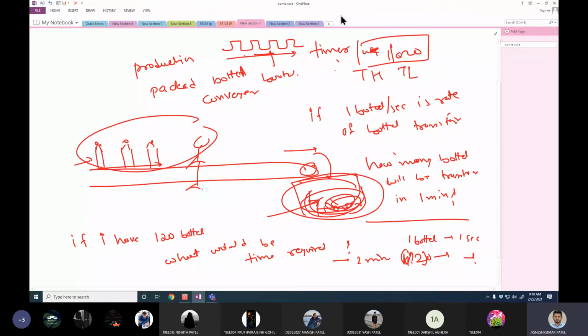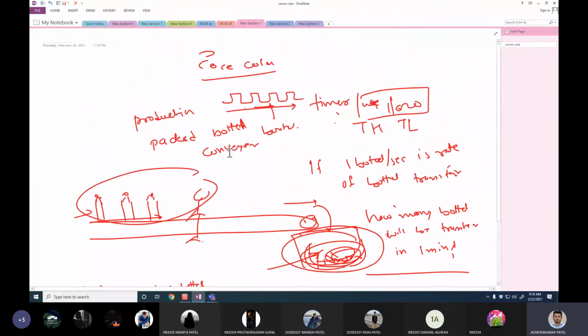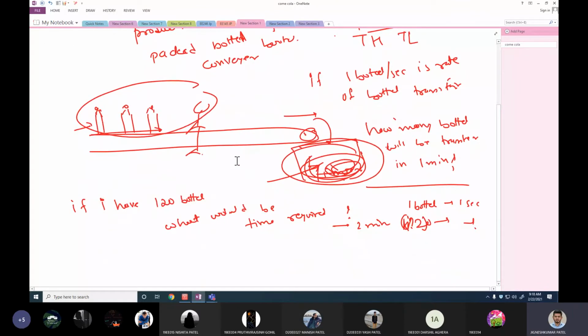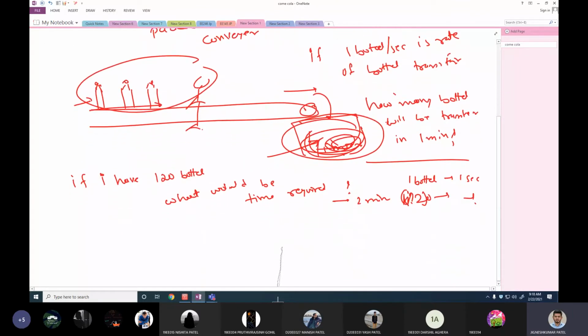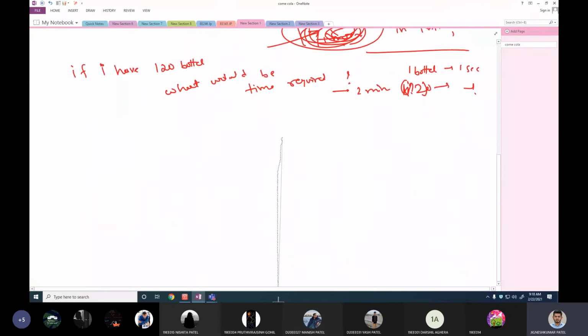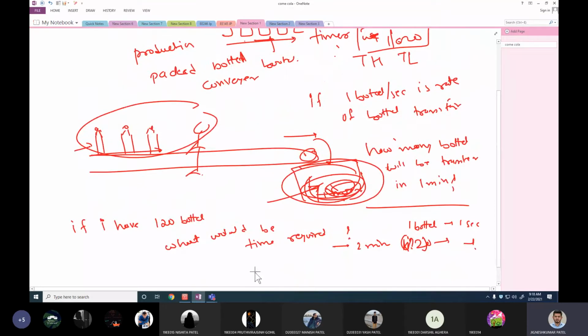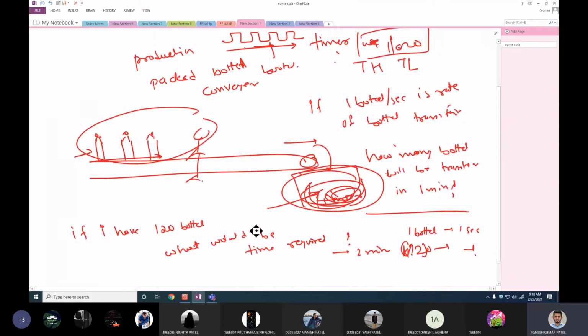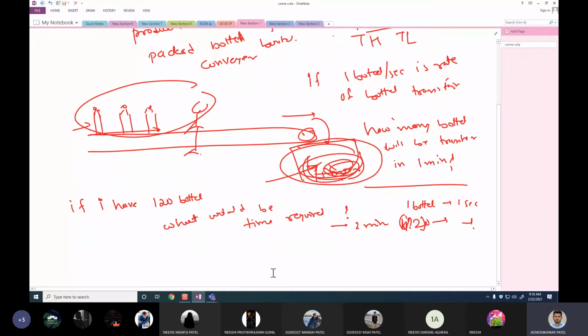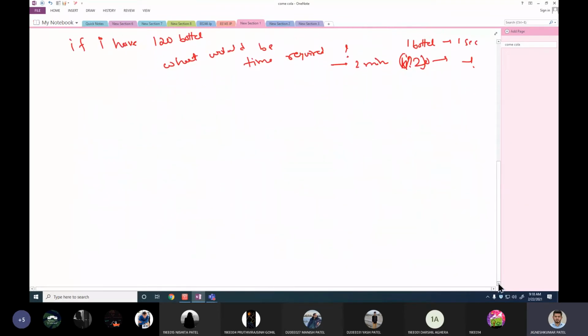So what I have here is my timer. There are two registers, but right now I am just writing it as a timer.